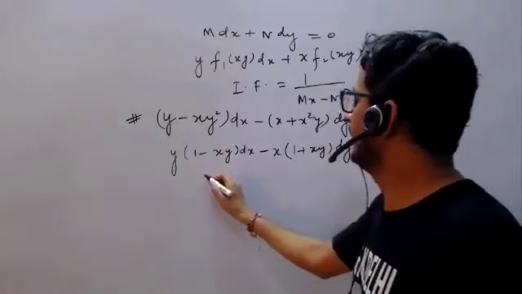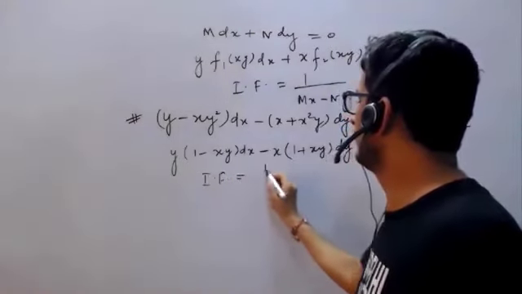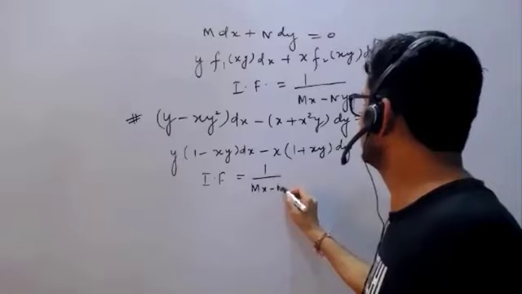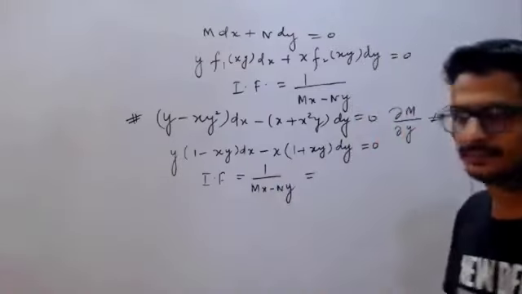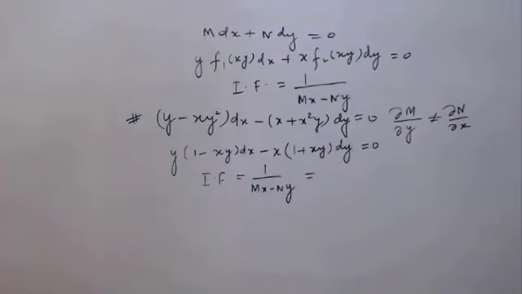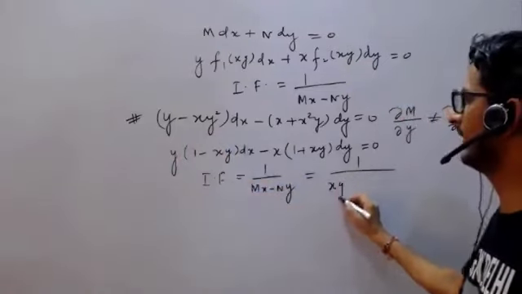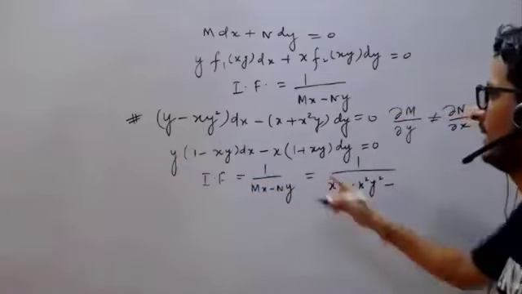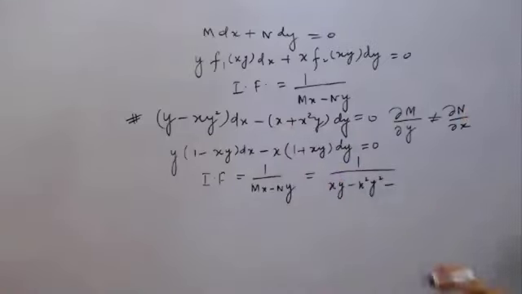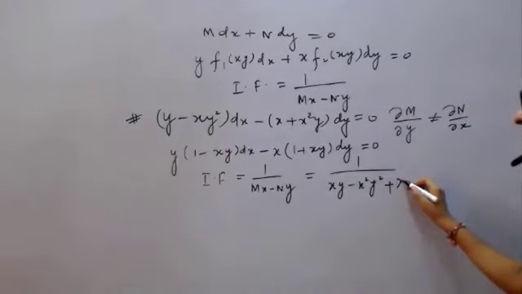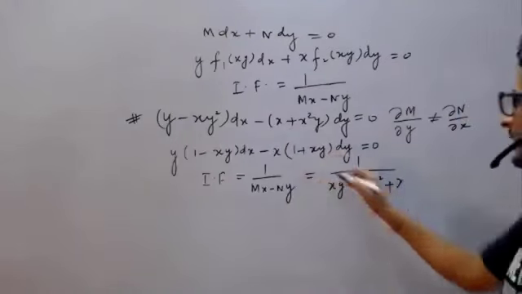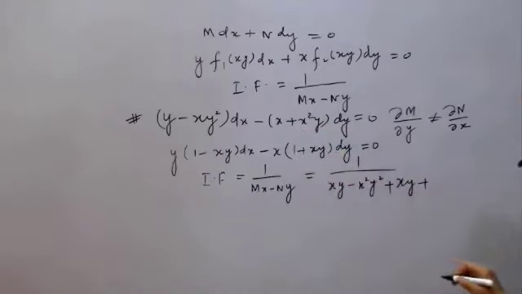So my integrating factor would be 1 over Mx minus Ny. Tell me what is the value of this? 1 over Mx minus Ny. So it will be 1 over, multiply this by x, it will become xy minus x square y square, minus this will become plus xy and plus x square y square, correct?